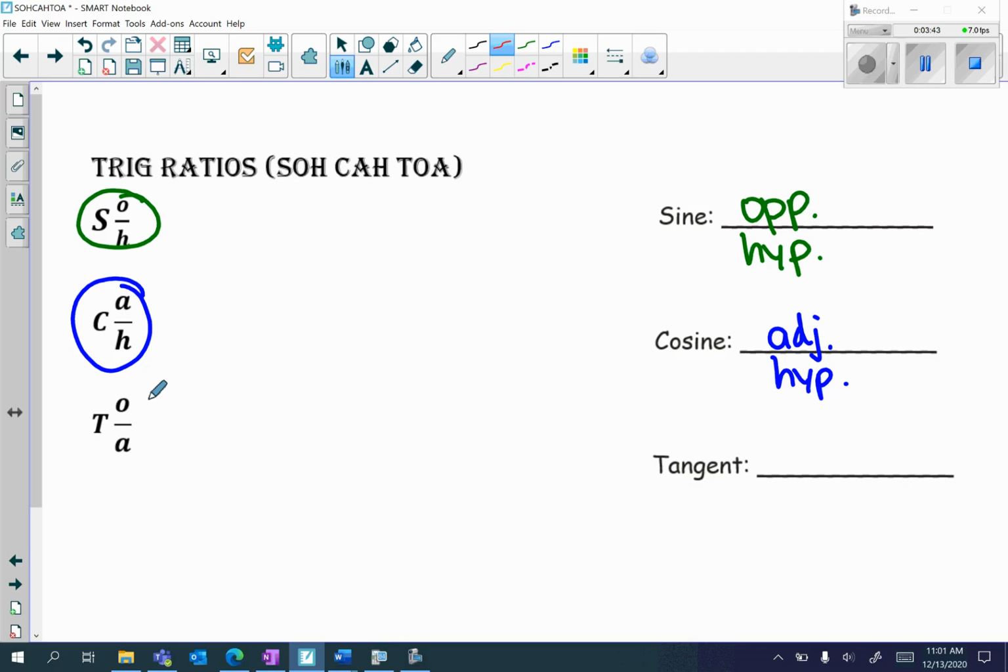Lastly, the next trig function we use is tangent, which we represent as TOA, opposite over adjacent. SOHCAHTOA is extremely important, and we use these trig functions, sine, cosine, and tangent, to find missing sides or angles in a right triangle.